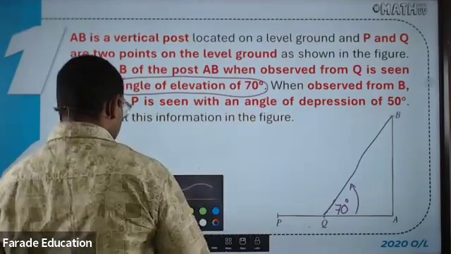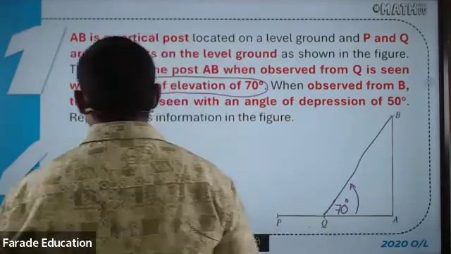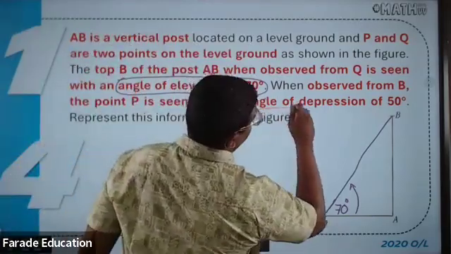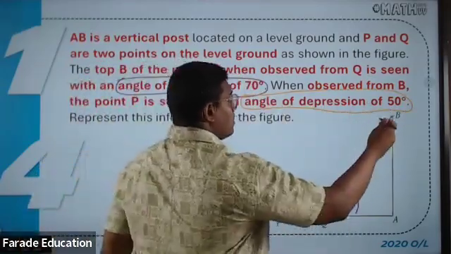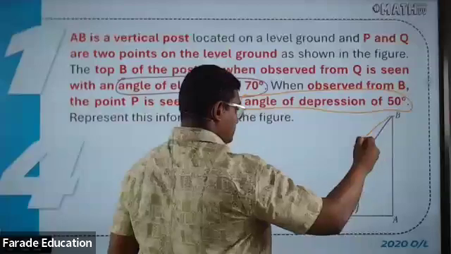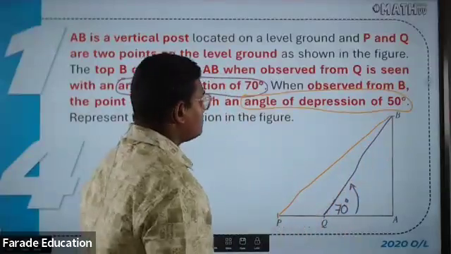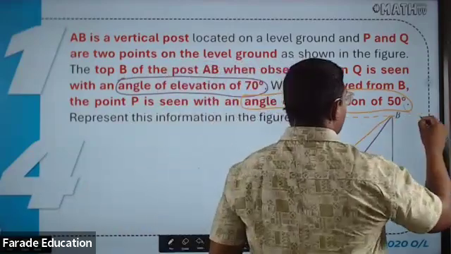The next one. When observed from B, the point P is seen with an angle of depression of 50 degrees. That means from B, I'm looking at P. For this, what happens?